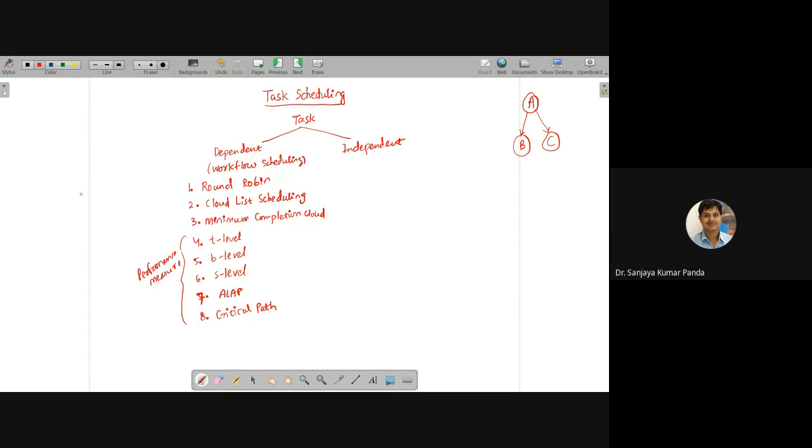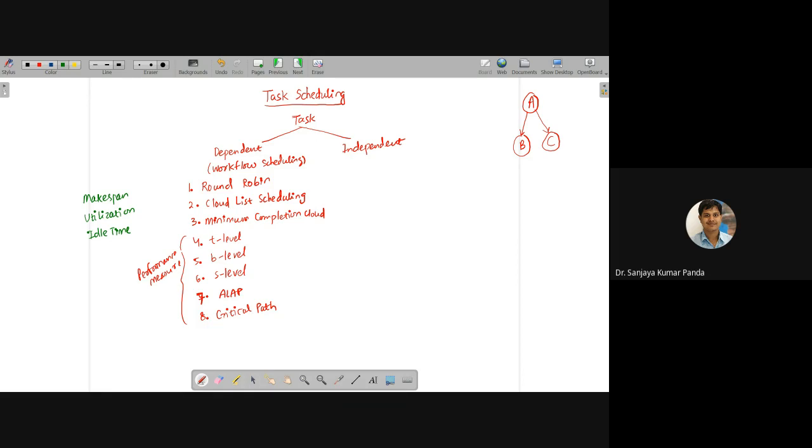So we have seen these measures also: makespan, utilization, and idle time, through which you can evaluate the performance of these scheduling algorithms.